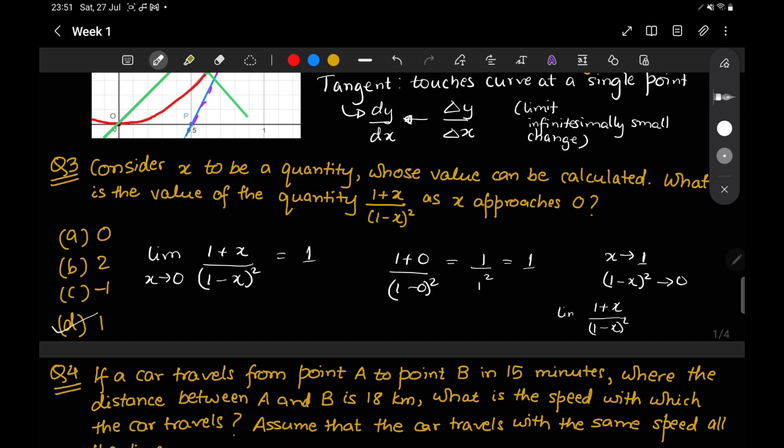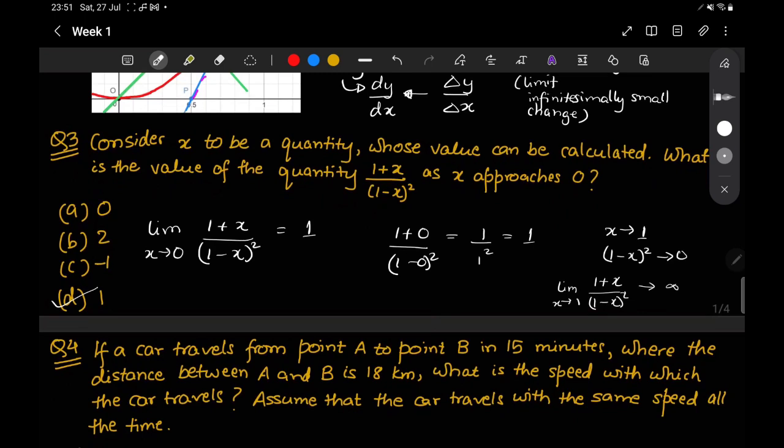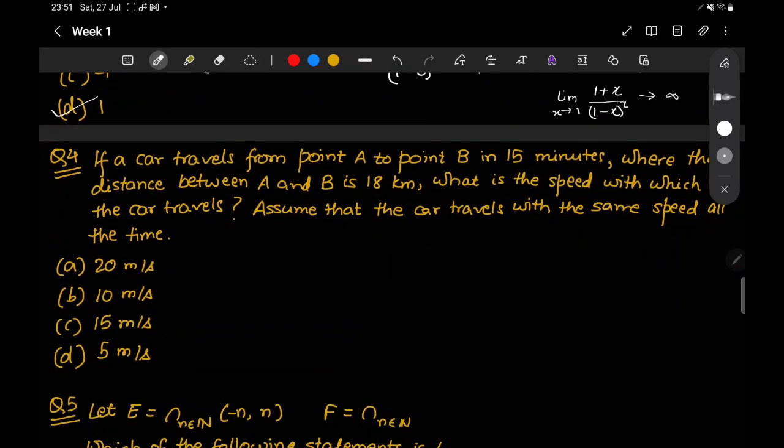This is basically undefined. So you need to take care as to what limit we are taking. Okay, so we can proceed further.